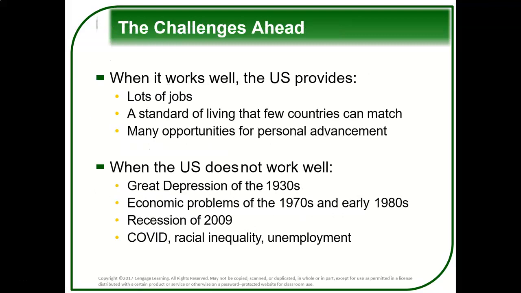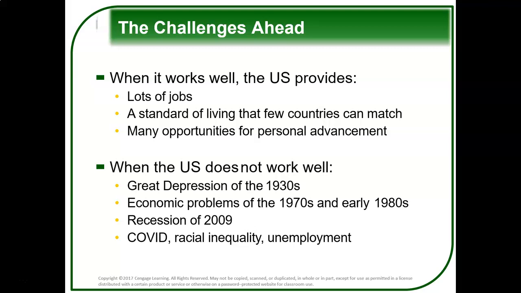What are the challenges of the kind of economy that the Americans are so proud of? When it works well, it's the best. We have a large number of jobs. We have the gold standard in living standards. And there are many opportunities for personal advancement. When it doesn't work so well, we have the Great Depression of the 1930s.